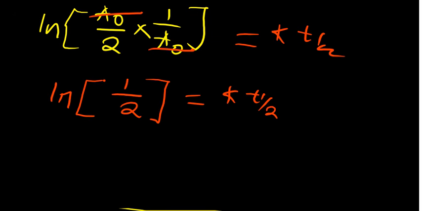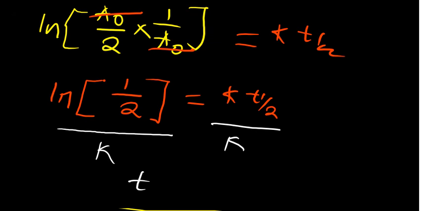Okay. So now our goal is to divide by K so that we make T the subject of the formula. So our T is going to be equal to, so if you look at that, we have 0.5 in brackets there. Okay, so natural log of that, what is it going to give us?